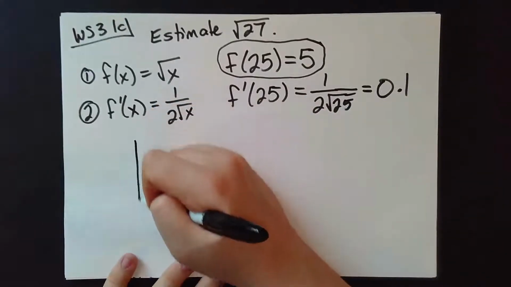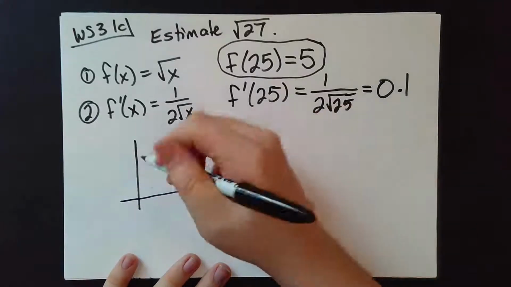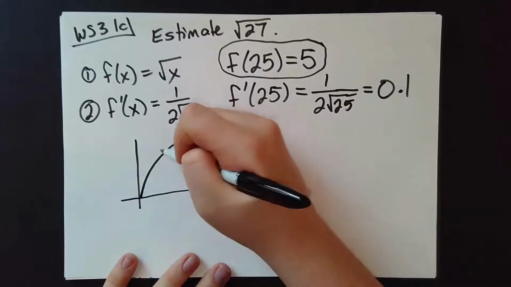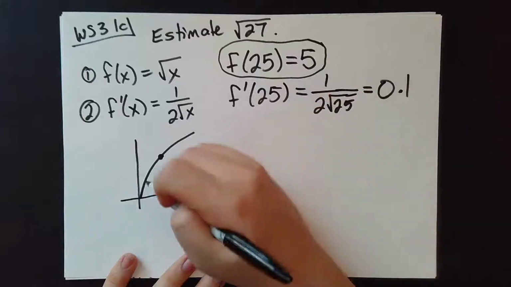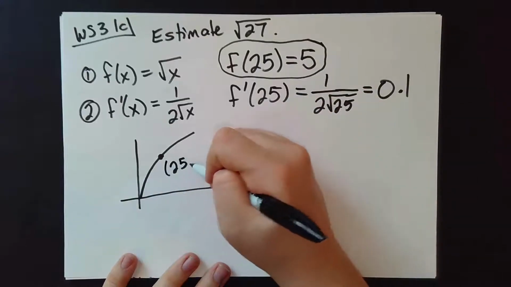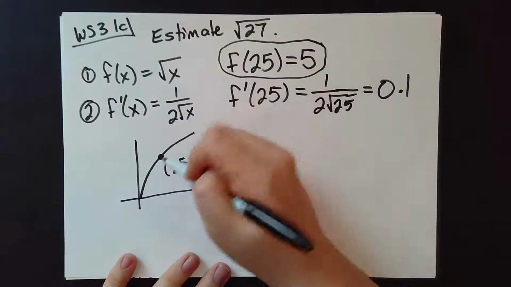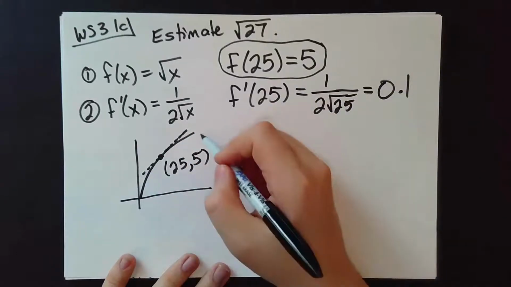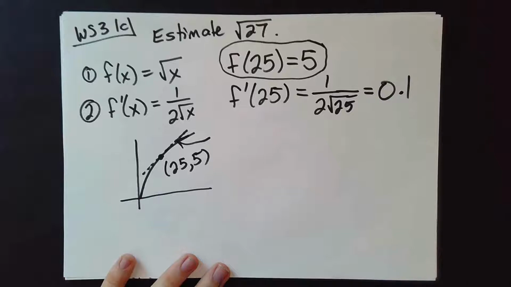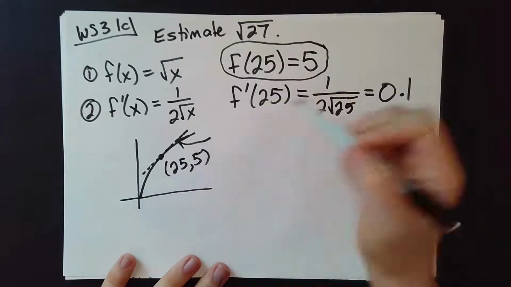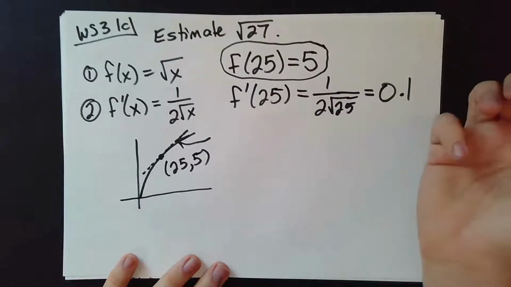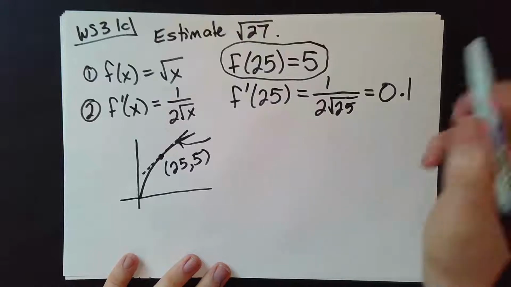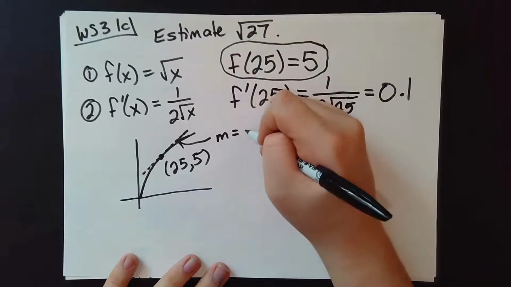Okay, so again, I can picture my graph here. Looks something like this. I have my point here, which is (25, 5). And at this point, the output is changing at a rate of 0.1.